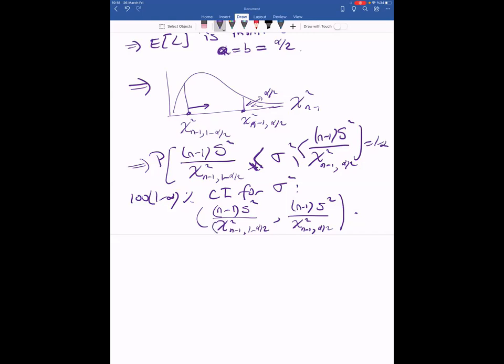Because this is a smaller value than this one. So I wrote it wrong, and you have to be careful and think about the values that you write, whether they are correct or not. So this will be alpha/2, and this will be 1 minus alpha/2. Then the upper bound is higher than the lower bound, as it should be.